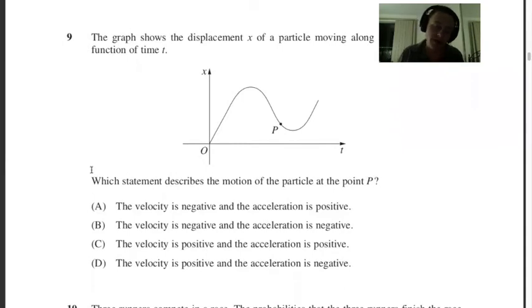So we're talking about acceleration, obviously. At this stage, considering that concavity reflects acceleration, we can say that over this period here, acceleration is negative, because it's concavity down, until we reach an inflection point somewhere around here, and now the concavity changes, becomes positive.